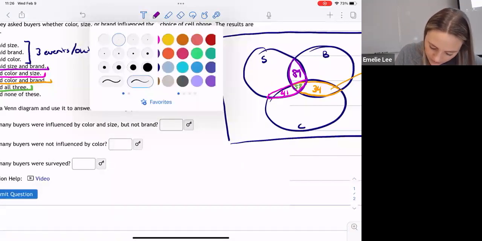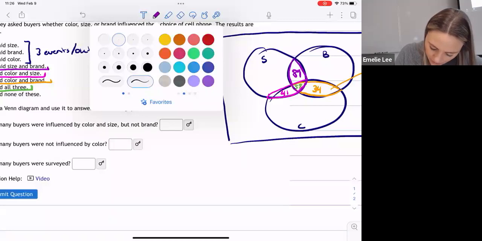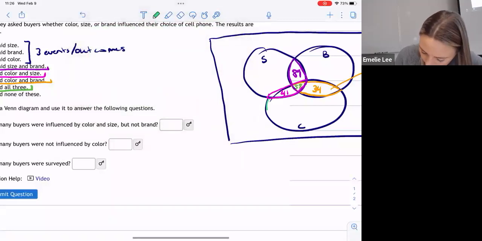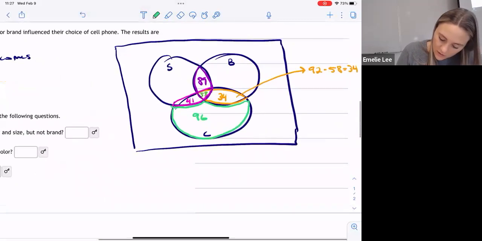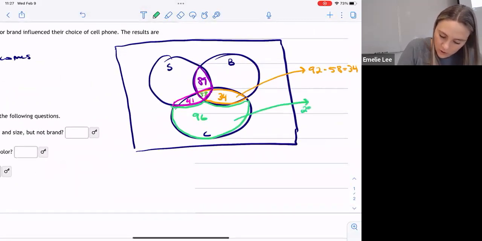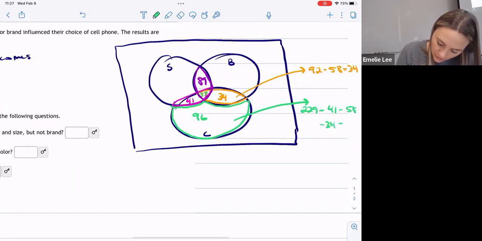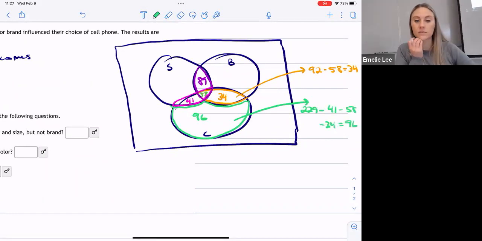What's a color I haven't used yet? How about teal or aqua or whatever you want to call it? 96. So here, just as this example, I have 229 minus 41 minus 58 minus 34 is 96.